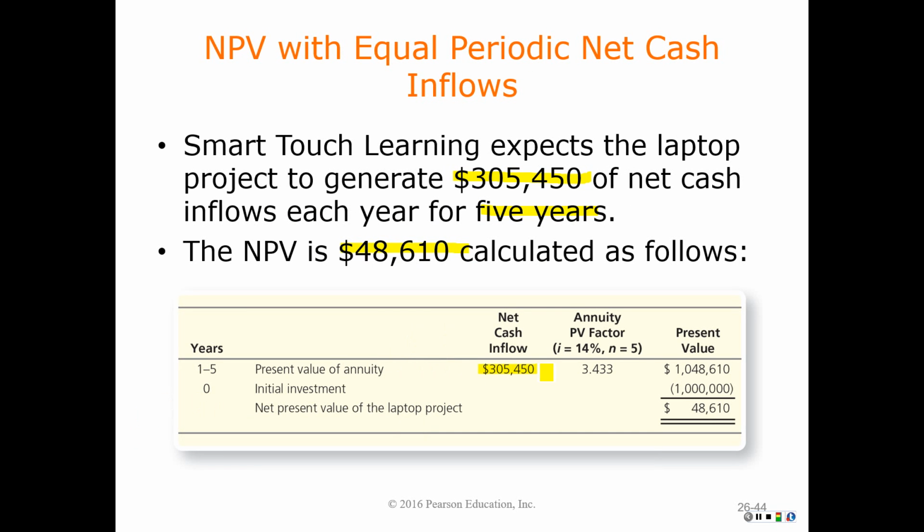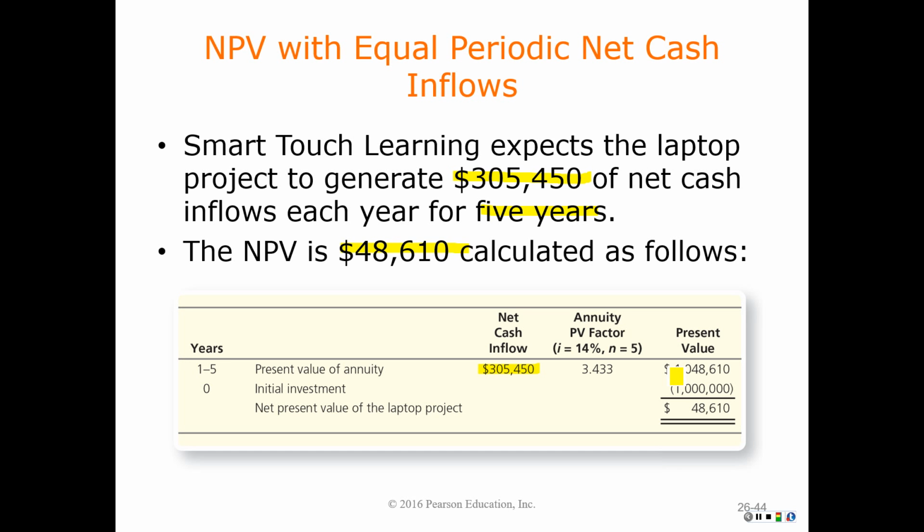We would go to our annuity present value factor table in your appendix, and we know that it's covering a 5-year period and our discount rate is 14%. Our managers have said we have to generate at least a 14% return for this investment to be profitable for us. So the present value of $305,450 over 5 years with a required 14% rate of return would generate the present value of those inflows to be $1,048,610.